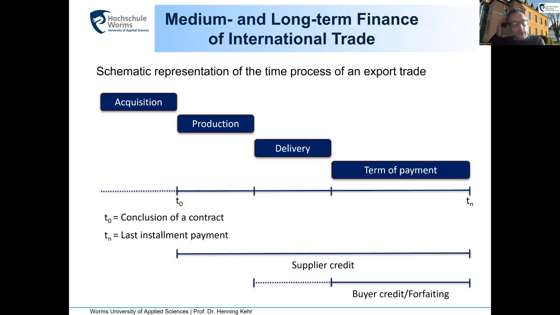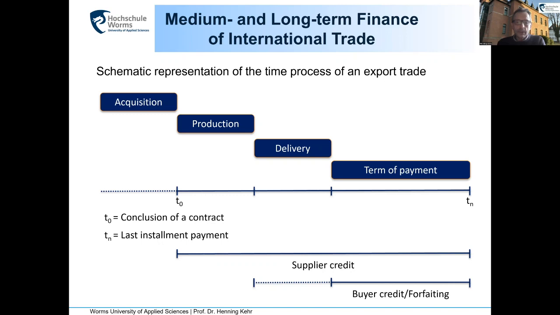Second aspect might be producing and selling of machinery. And here you have to be aware that the time between acquisition and the last payment is very often a long one. It means you have a certain time for acquisition up to the point that the sales contract is signed.